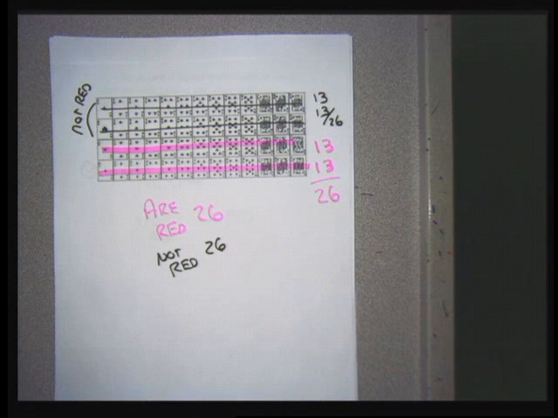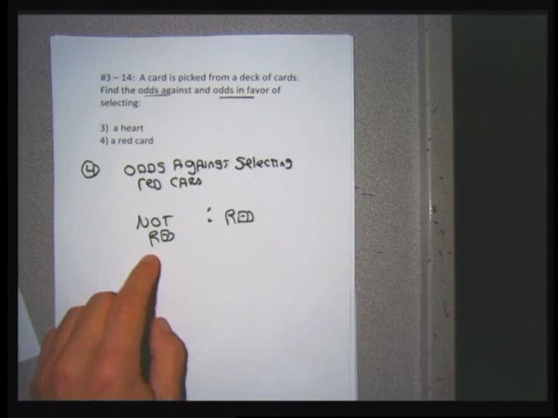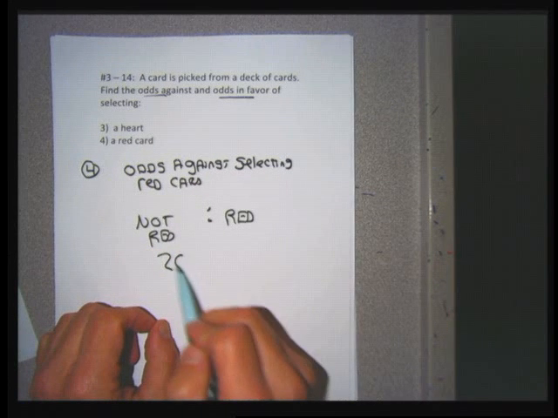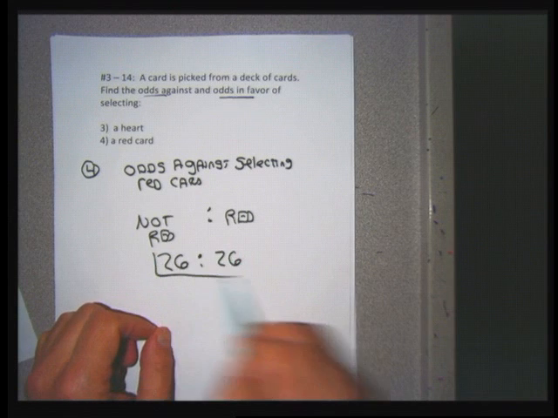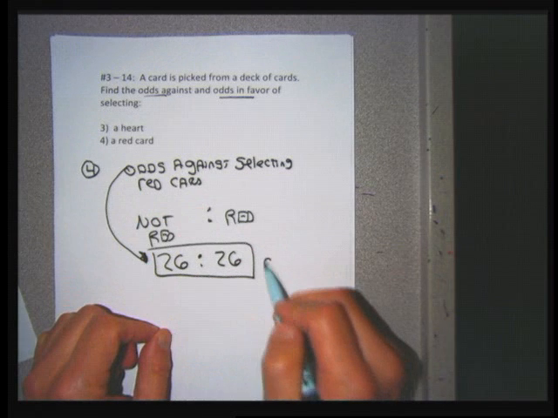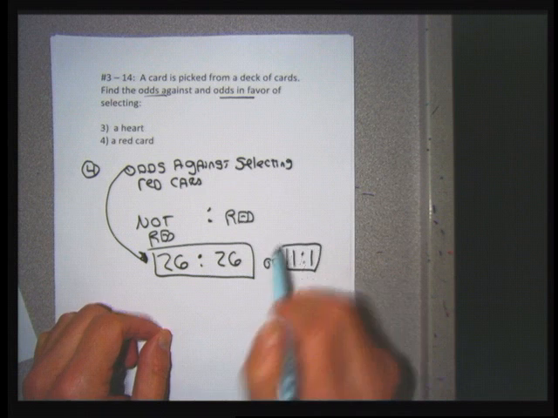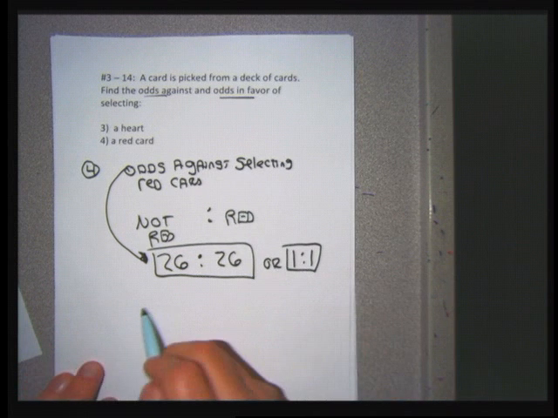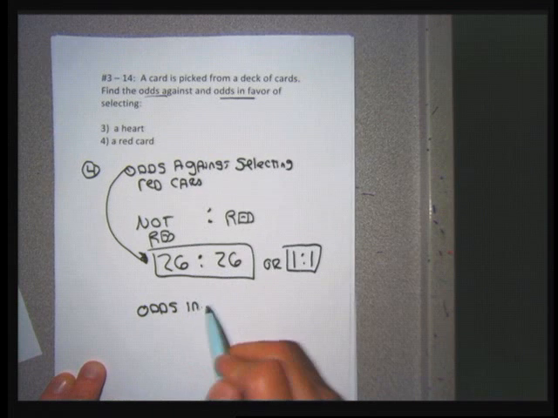So when I go to do my odds, for not red, I'm going to put the 26 cards that aren't red. For are red, I'm going to put the 26 cards that are red. These would be the odds against selecting a red card, which would be 1:1 if you reduce it. I'm asked to do also odds in favor, and I won't do any work.